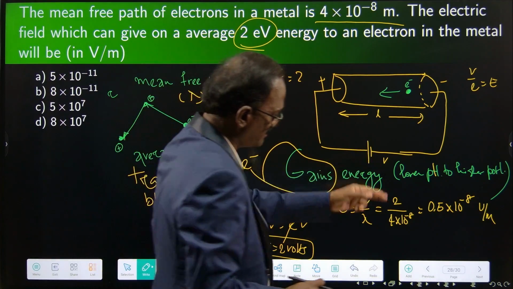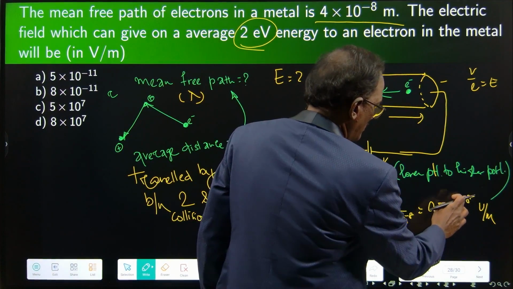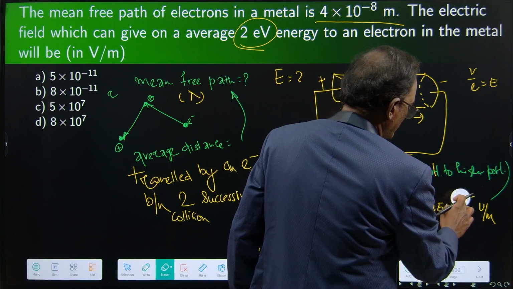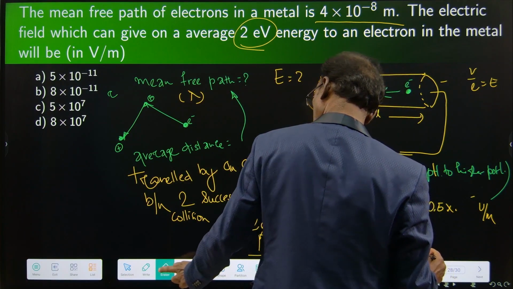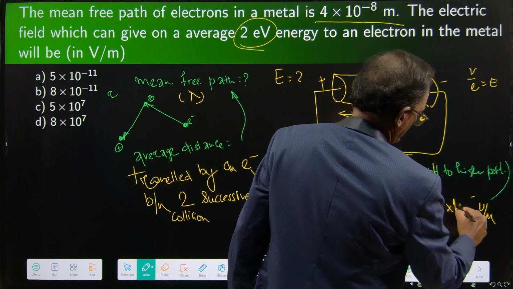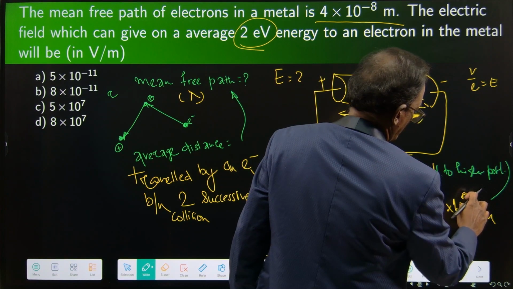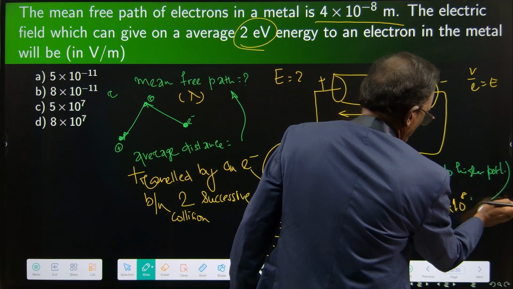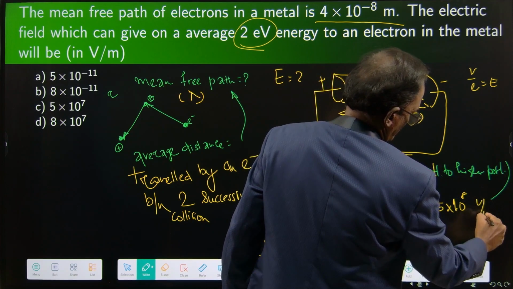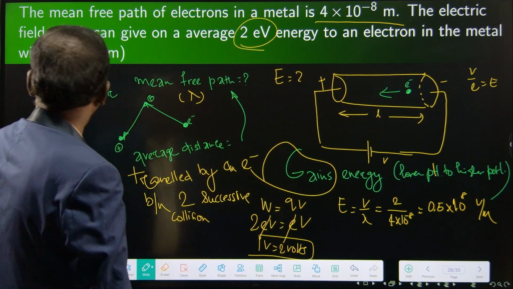When it goes up, it is 10 to the power plus 8, so 5 into 10 to the power 7.